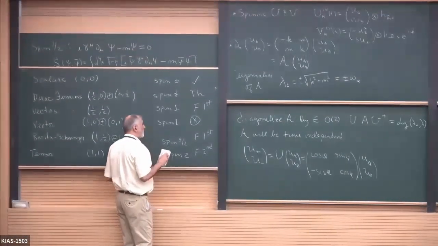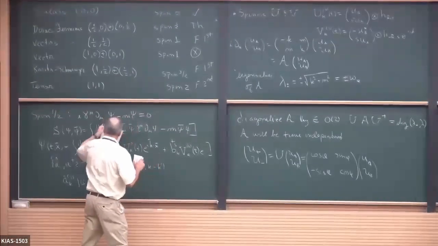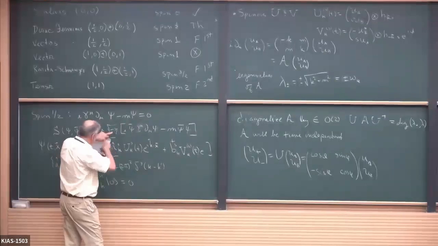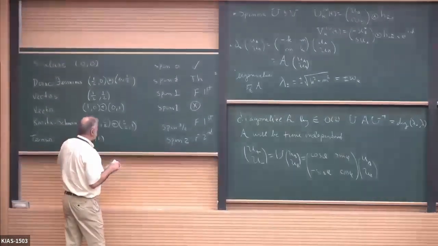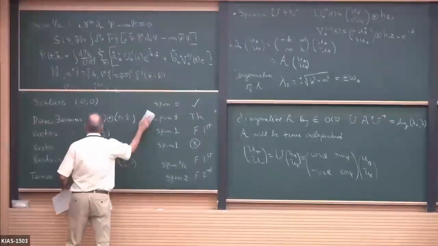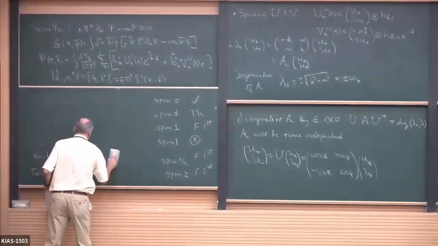So we want to promote the action in Minkowski space to an action in curved space. And for spinors, we must use the tetrad formalism.